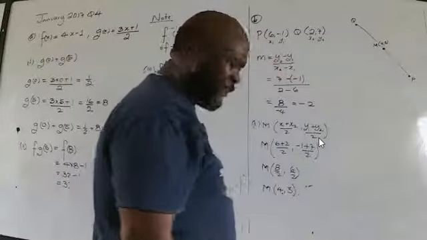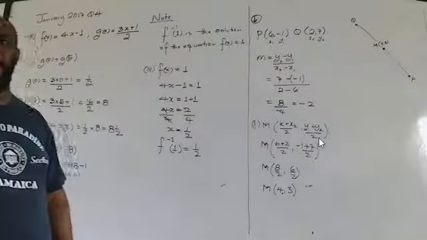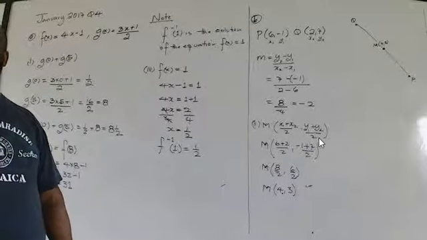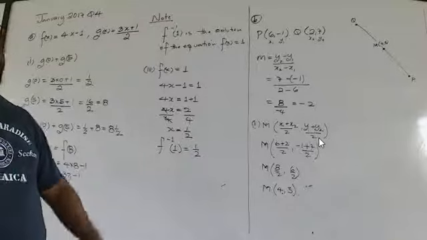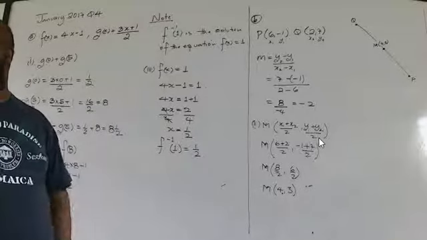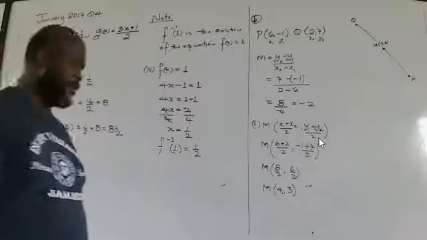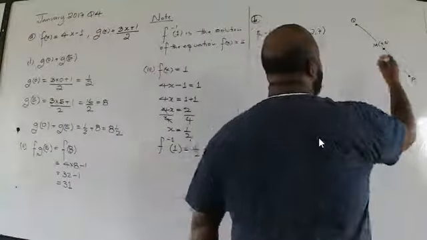Now we're asked to find the equation of the perpendicular bisector. The perpendicular bisector of PQ is a straight line that passes through the midpoint of PQ and meets PQ at right angles. The perpendicular bisector of PQ will look something like this.